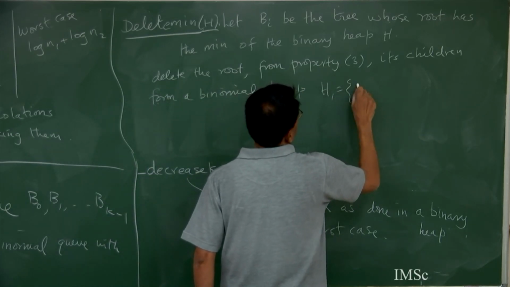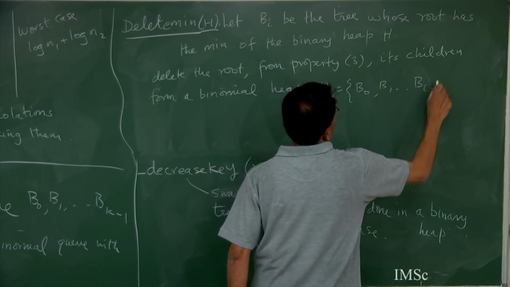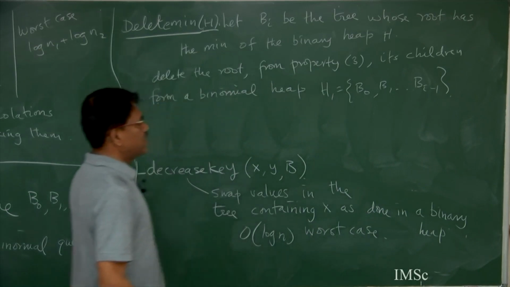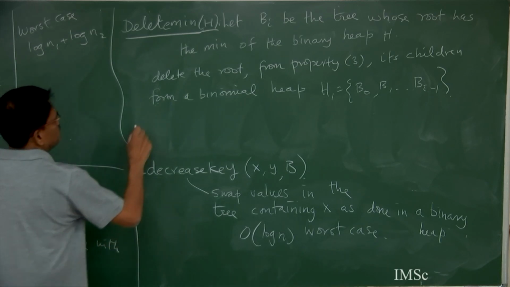H1 is equal to B0, B1, up to Bi minus 1. Because the children are exactly B0, B1, up to Bi minus 1, and they form a binomial heap because each tree has nodes satisfying heap order and at most one of each order, all that is fine. So now merge, we know how to merge.